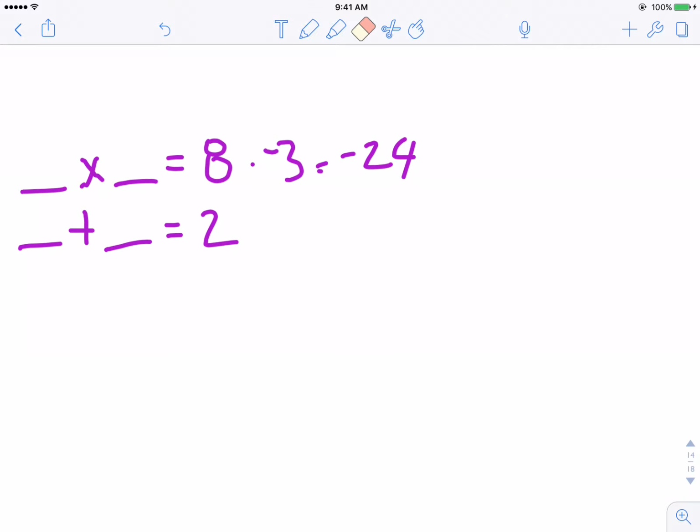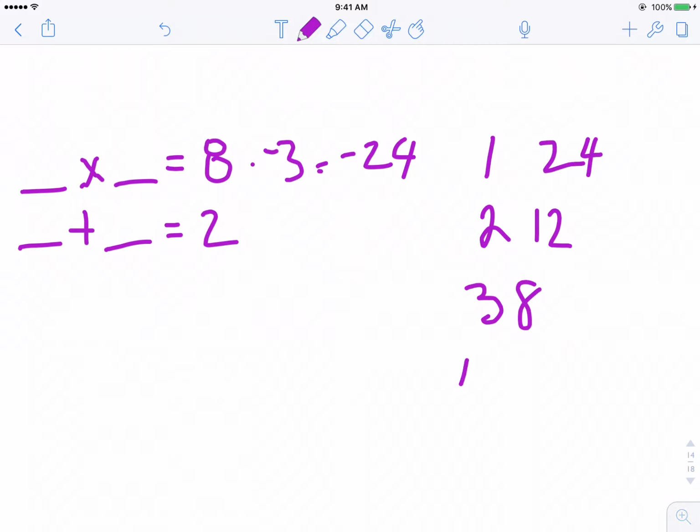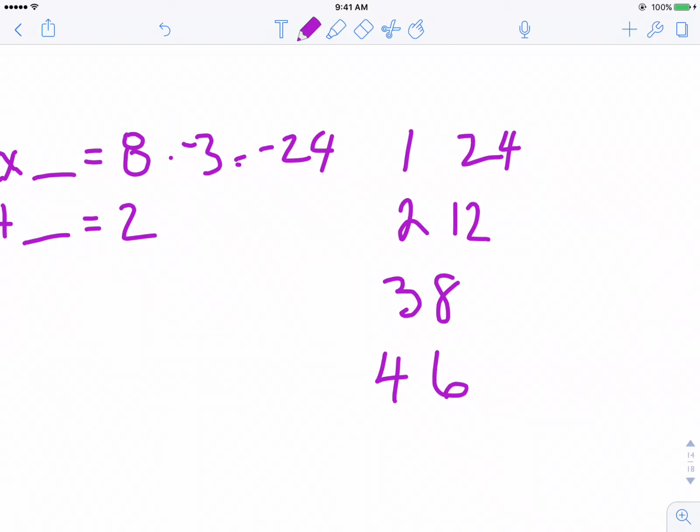Now that I've got that, I look, okay, well, what are my factors of negative 24? 1 and 24, 2 and 12, 3 and 8, 4 and 6. Okay, well, I know that my product has to be negative 24, so one of these has to be a negative value. 1 and 24, one of them has to be negative. 3 and 8, one of them has to be negative.